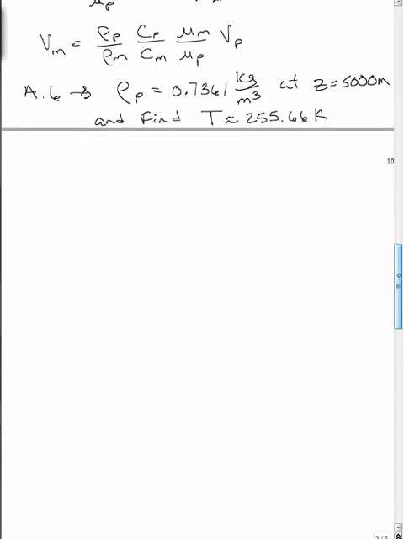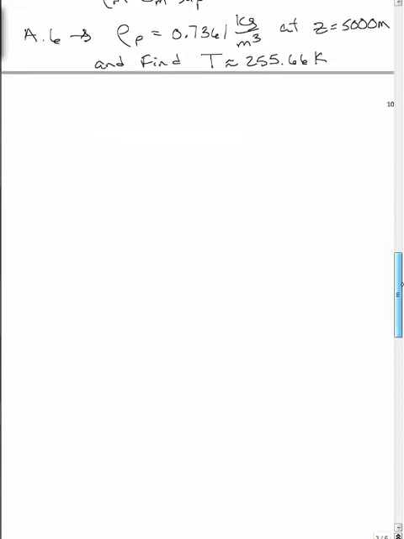So we got our rho. We also need our mu for our air up there. It's going to be a little less viscous up there at 5,000 meters. Below table A2, you're going to find some equations that relate air viscosity to temperature.